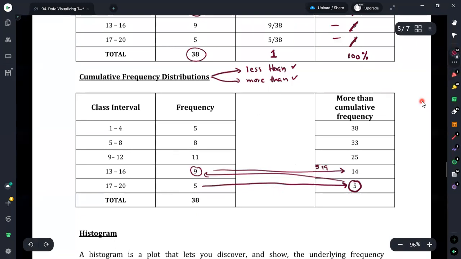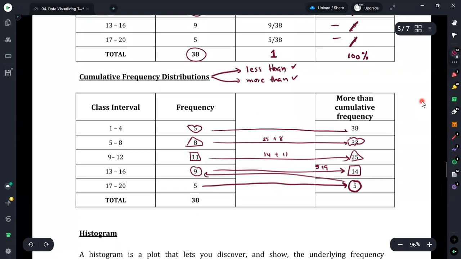Then it is added to 11. Therefore, this value is 14 plus 11. Then 25 is here. It has to be added to 8. Then we take it as 25 plus 8, which is 33. Then 33 is added to 5. Then 33 plus 5 equals 38.